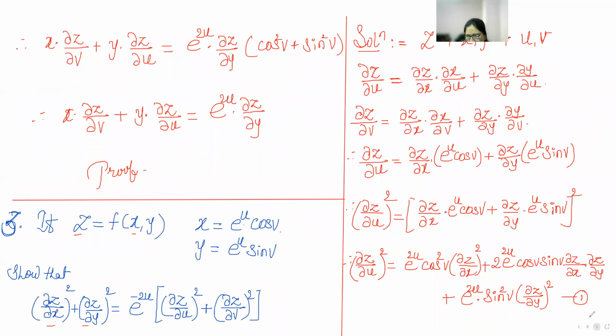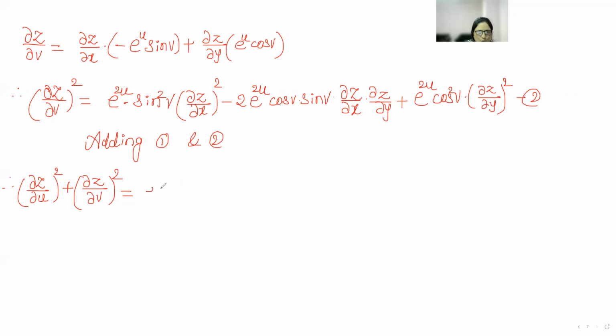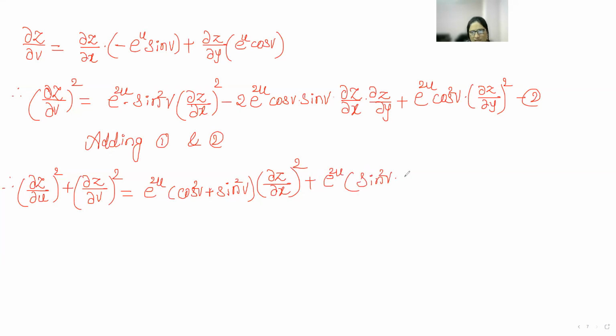So in the first, we have e raised to 2u in bracket cos square v plus sin square v into dou z by dou x bracket square, plus the second term e raised to 2u in bracket sin square v plus cos square v dou z by dou y bracket square.